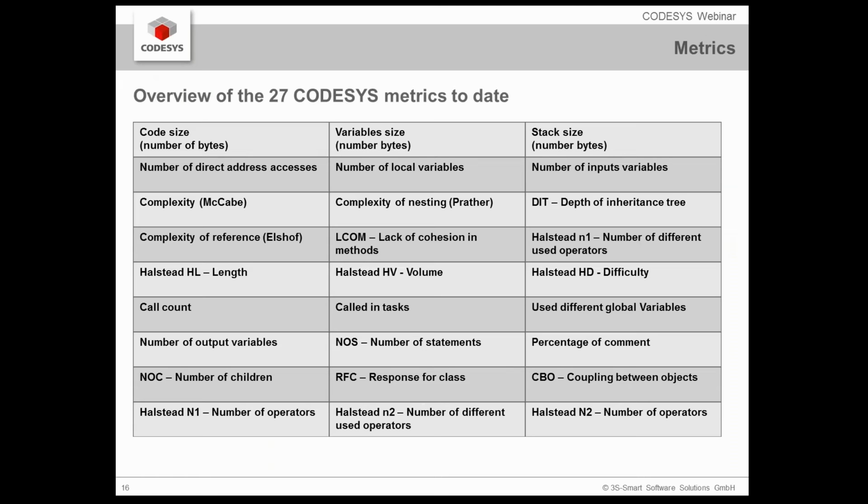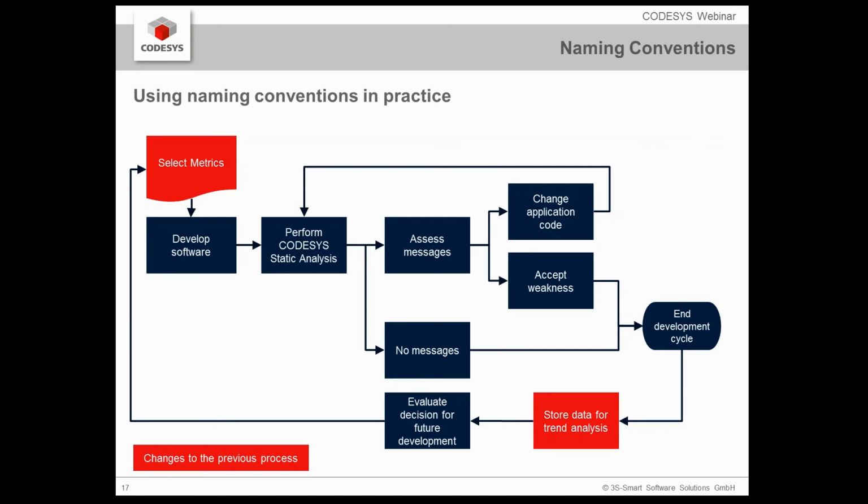So there are standard metrics like McCabe, like Prather, Halstead, also some useful things like code size and percentage of comments. So it's also your choice which kind of metrics you want to use in your project.